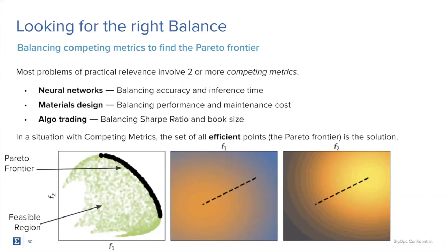And the idea is, when we're trying to come up with this efficient frontier, every single point on this frontier is better than the other points in one direction. So this essentially means that you are willing to maybe give a little bit on the accuracy in order to win on the inference time, or vice versa.